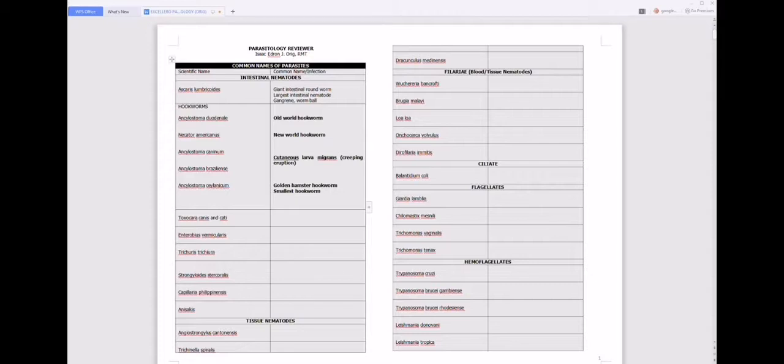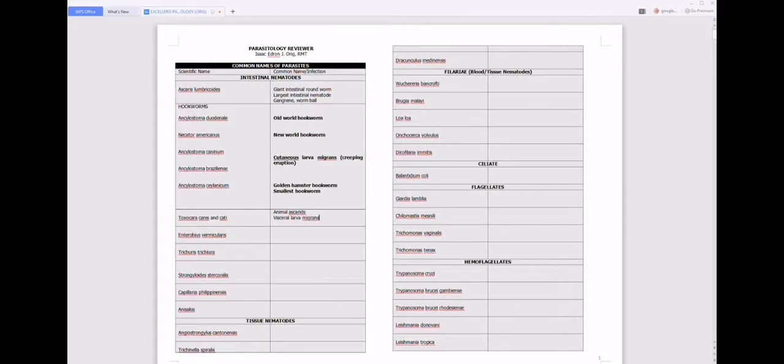Okay, next. So Toxocara canis and Toxocara cati are what we call animal ascarids. So they are called as visceral larva migrants.